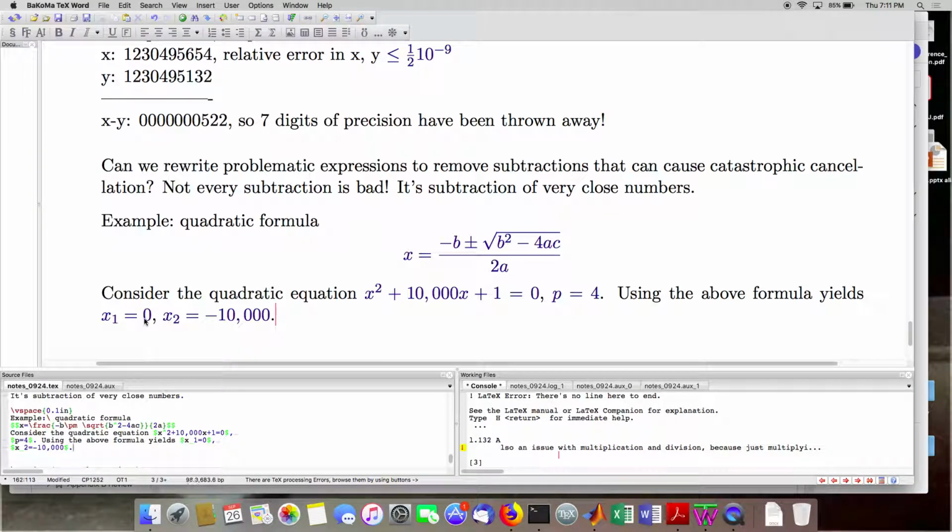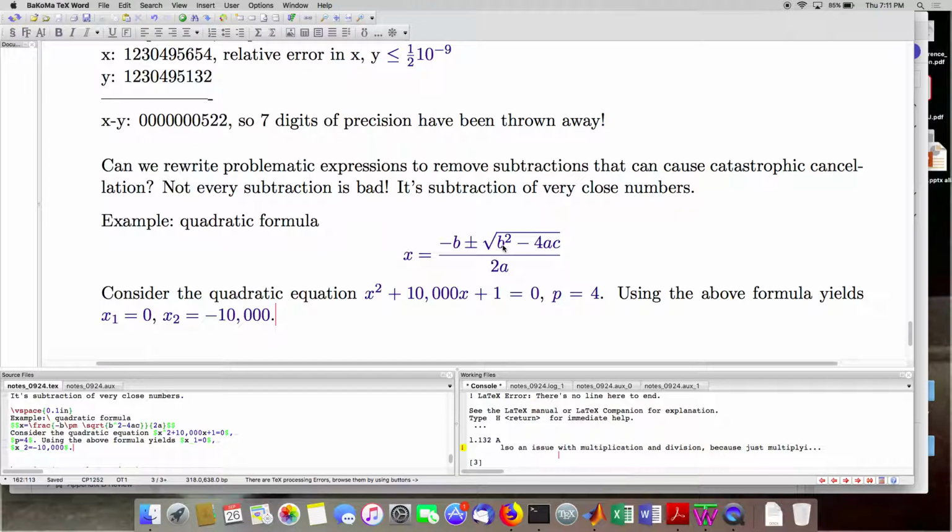So let's take these roots and substitute them into the quadratic equation, even just the first one. You set x equals 0 in here, and you get 1 equals 0. So it's way off. And the reason why is in here. This subtraction, well, it's really this subtraction, but what happens is A and C are such that the 4AC is very small compared to B squared.